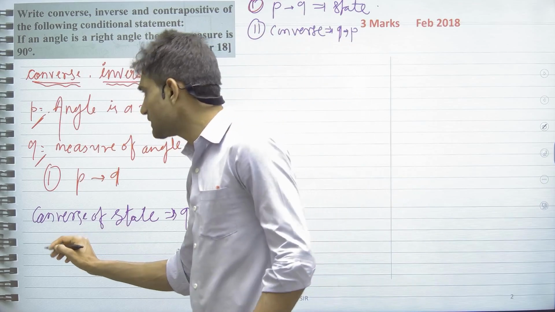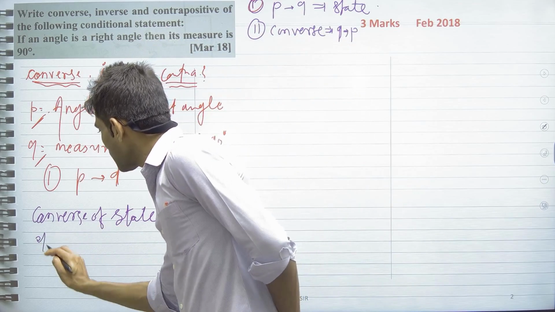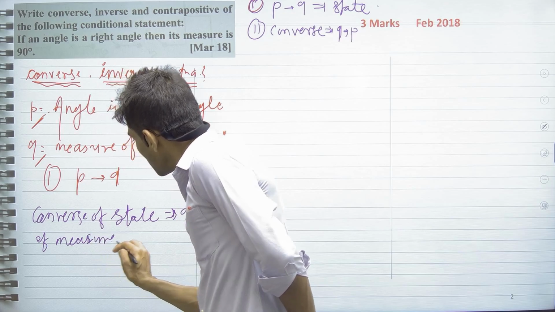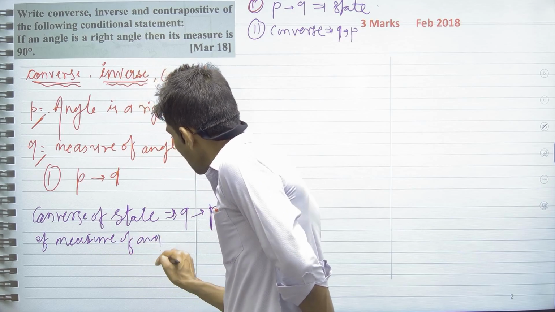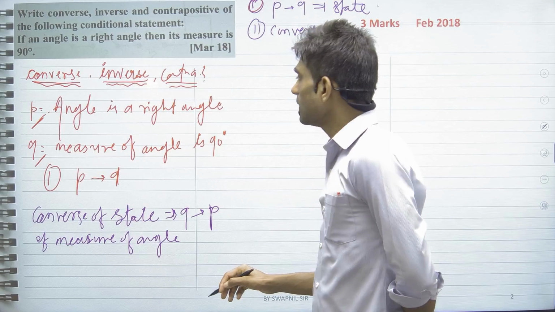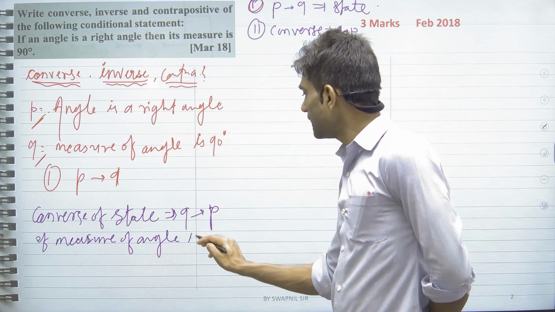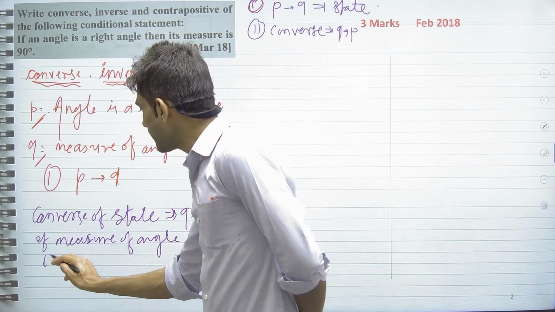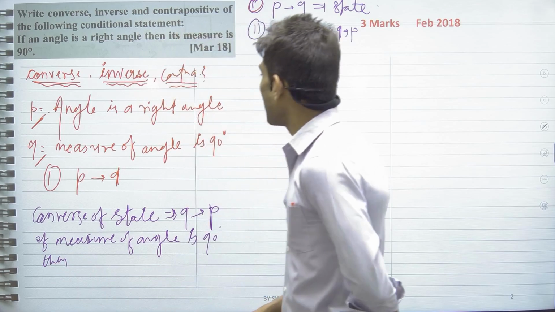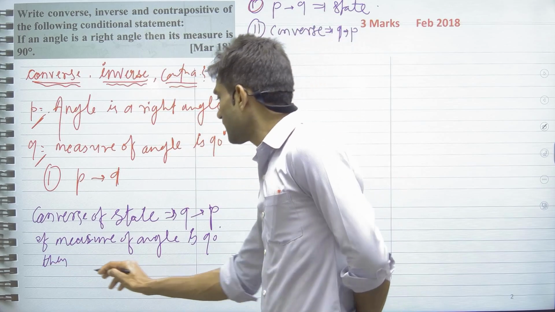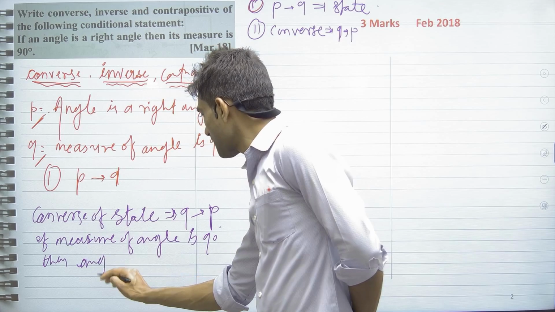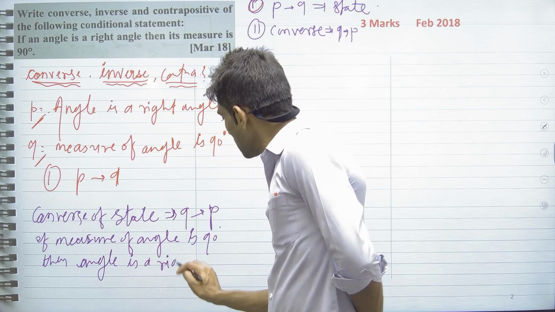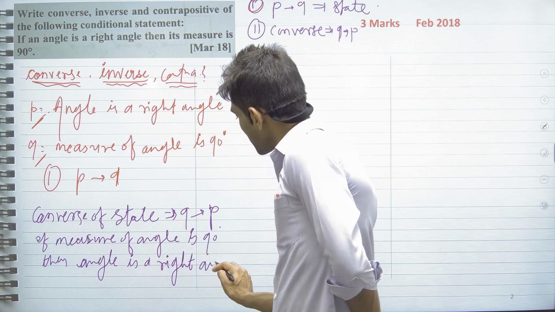So the statement here is: if measure of angle is 90 degrees, then angle is a right angle.